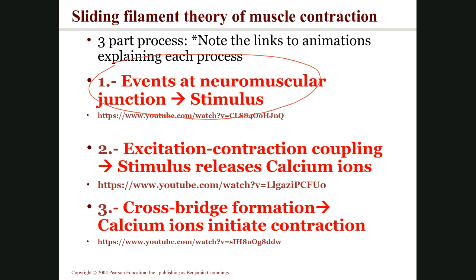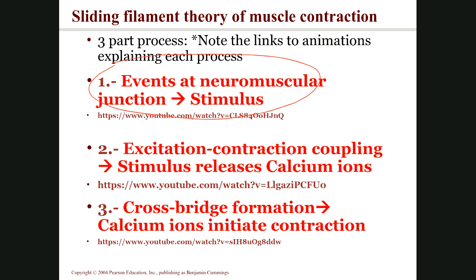And this is one difference between skeletal muscle and cardiac muscle. Skeletal muscle cannot move on its own. It needs the nervous system to stimulate it, and then it will contract.